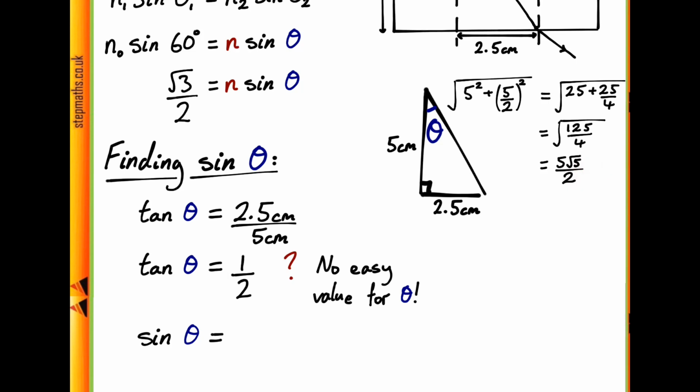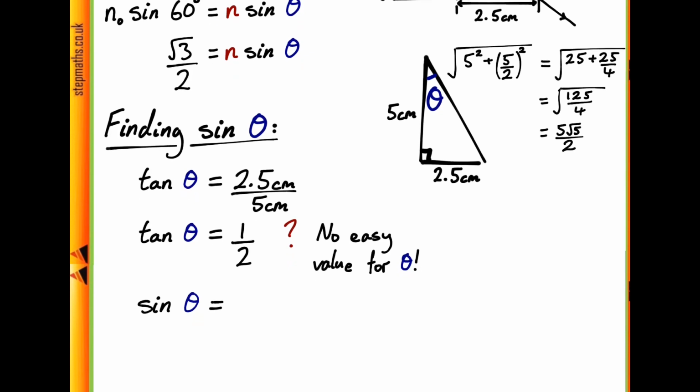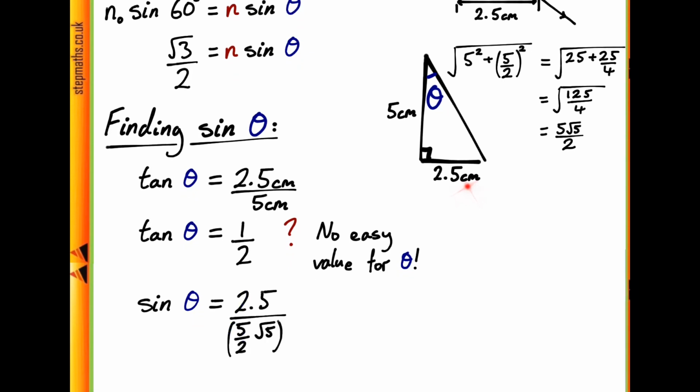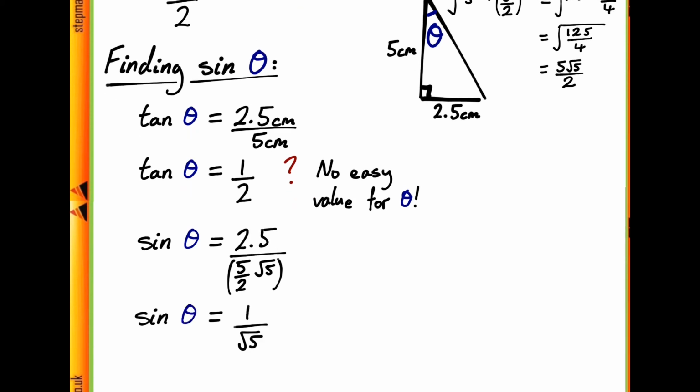Then with this, it makes it quite easy to find what sine of theta is going to be. We can just take the opposite, our 2.5 centimetres, and divide it by our 5 root 5 over 2 centimetres. Then noticing that 5 over 2 is just 2.5, they're going to cancel, so we find that sine theta is just equal to 1 over root 5.